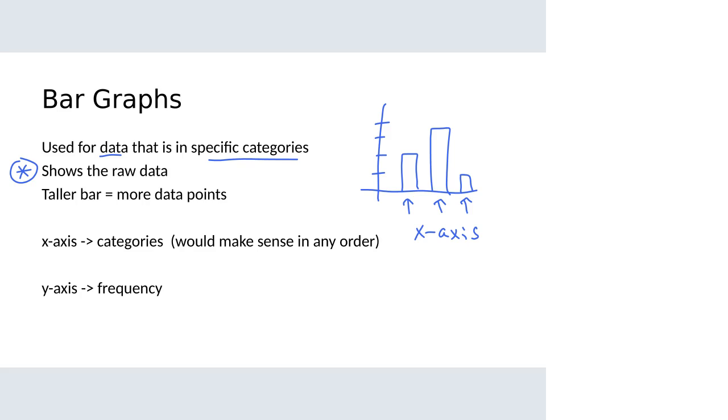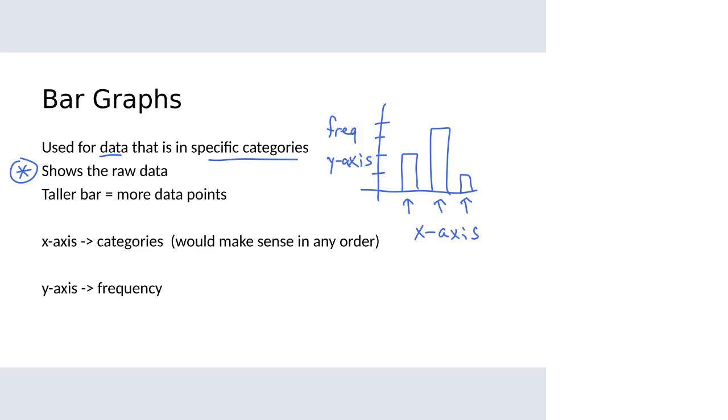And then we have a frequency that goes here on the y-axis. It is possible to make horizontal bar graphs, but we're going to be primarily focused on vertical bar graphs, where our frequency is going to be on the y-axis and our categories are going to be on the x-axis.